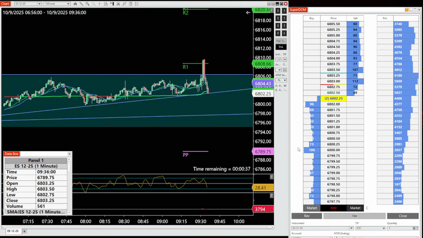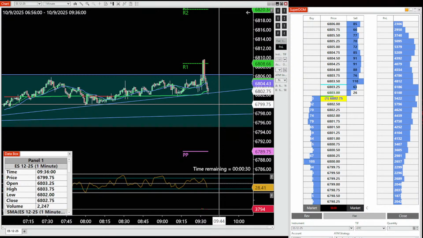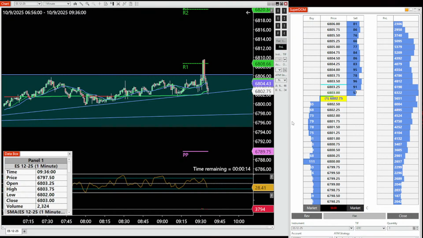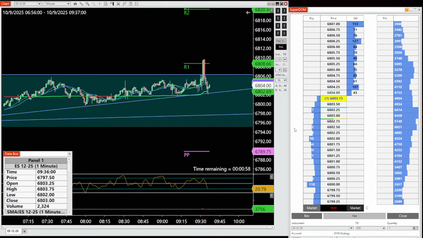Testing VWAP and the trend line. Let's see who's gonna get shaken out.